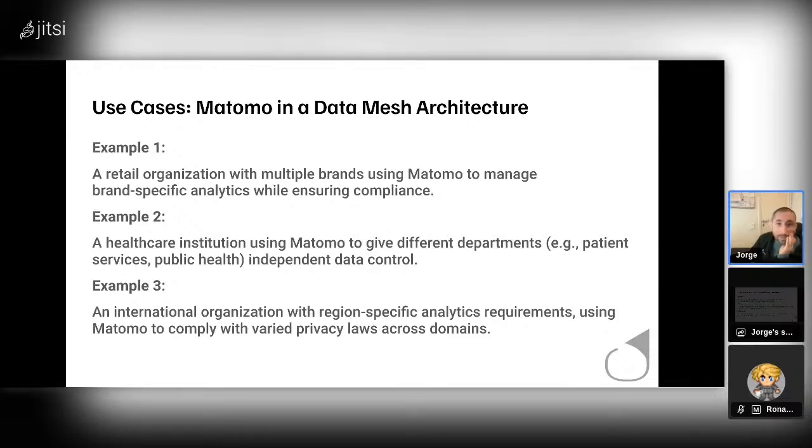There is also Starburst, which builds on Presto, an open source distributed SQL query engine optimized for high speed, large scale data analytics. It enables data virtualization across distributed environments, allowing teams to query data across multiple sources as if it were a single database.